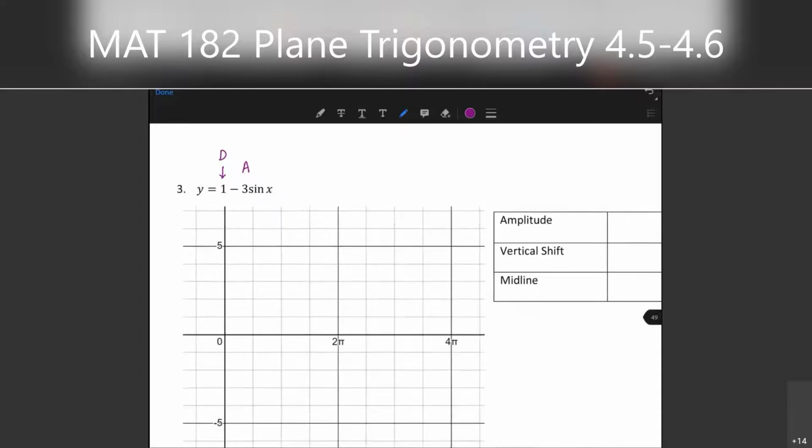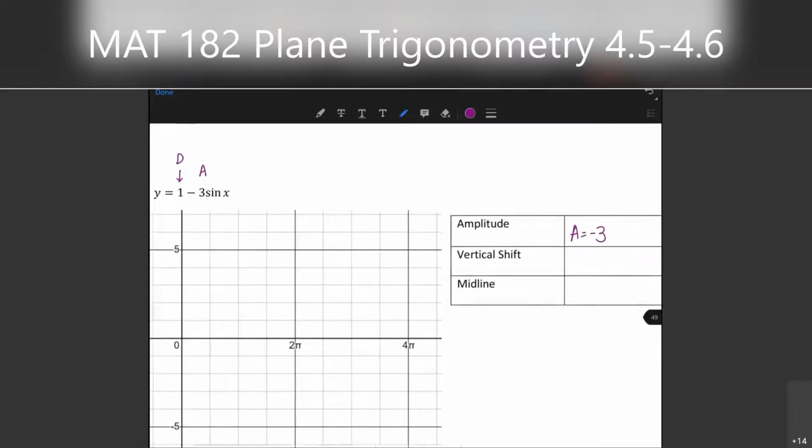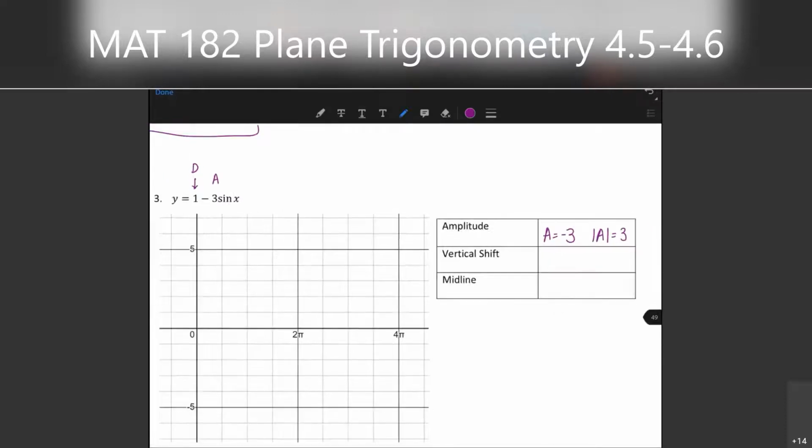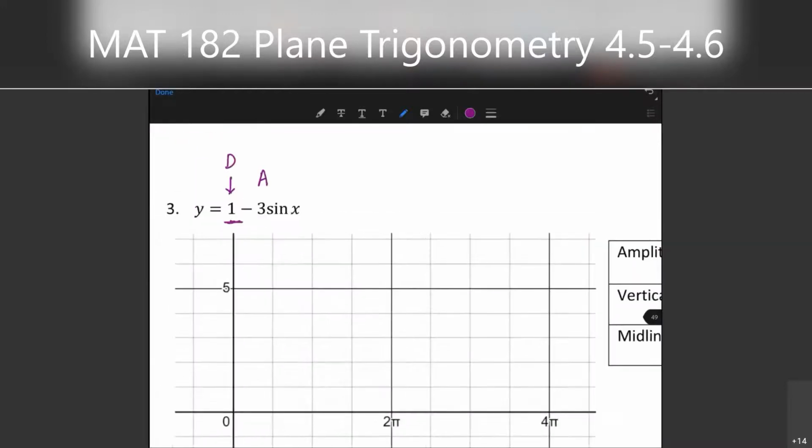A couple things to consider: if our A is equal to -3, our amplitude would still be 3, and then our vertical shift would still be +1. A few mistakes have been made in past classes with calling that a -1.